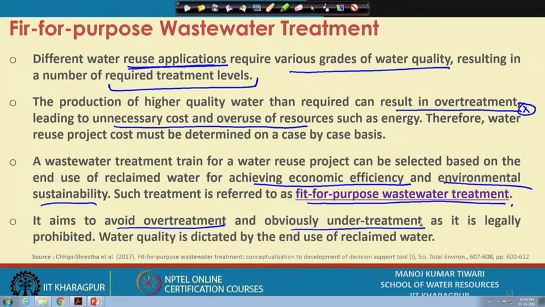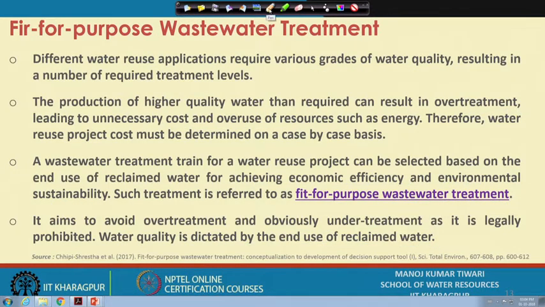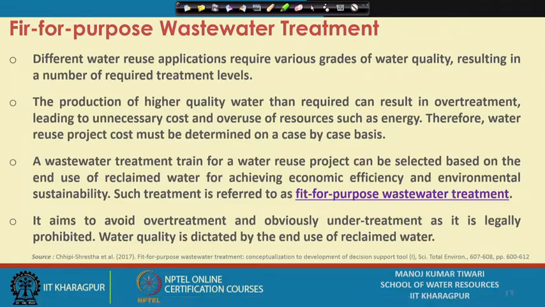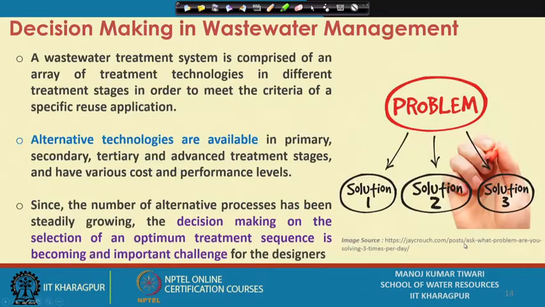Under treated water is not going to be accepted, but we also avoid over treatment. The water quality is dictated by the end use of the reclaimed water. The target end use will dictate what kind of treatment we should provide. This is the concept of fit for purpose water use.